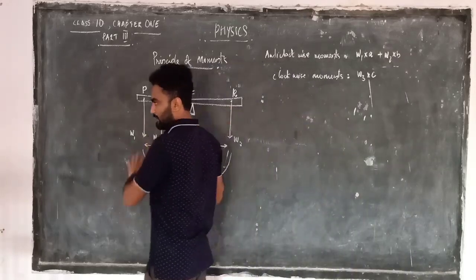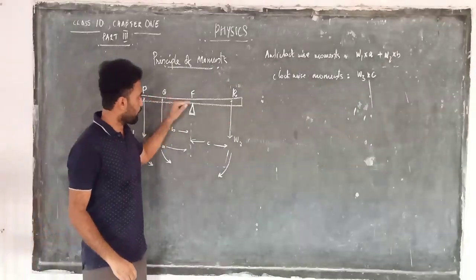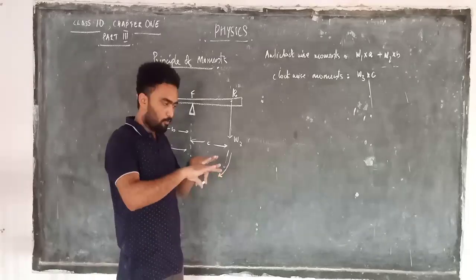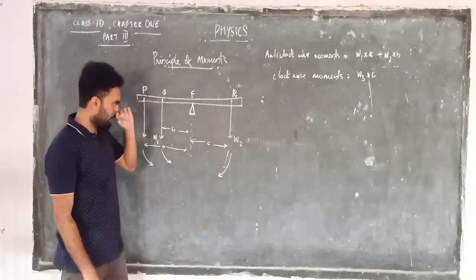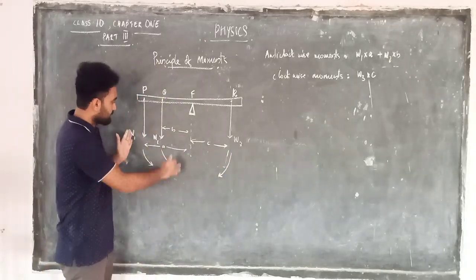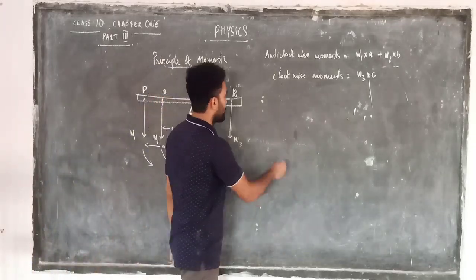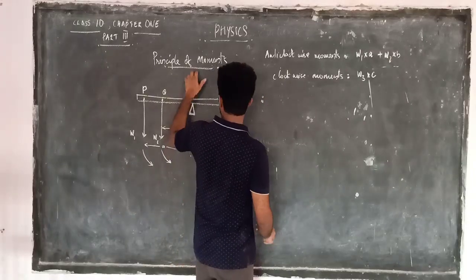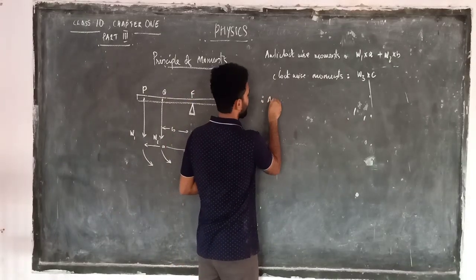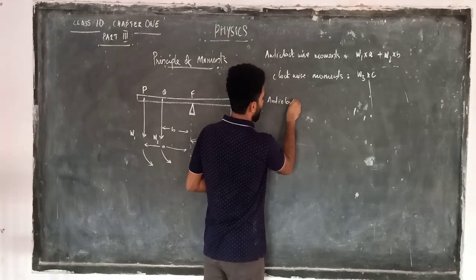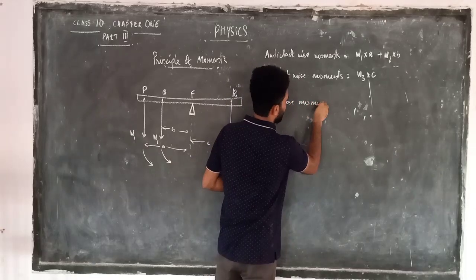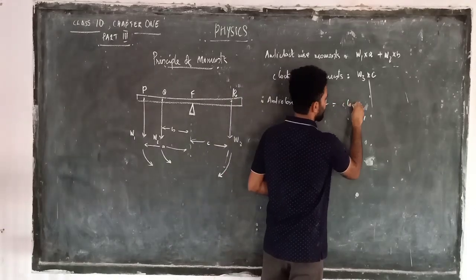So when you place these weights, I told you this rod is balanced, which means the body is in equilibrium. So we can say that in that case, the total sum of the anti-clockwise moments must be equal to the clockwise moments. So bringing in the principle of moments, we can say that the anti-clockwise moment is equal to the clockwise moment.